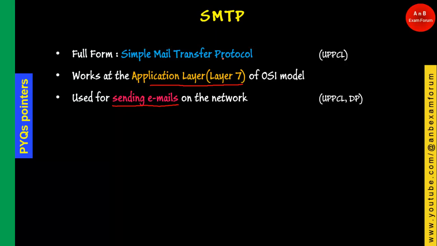Simple mail transfer means you are sending mail to someone else on the network. SMTP, Simple Mail Transfer Protocol. Port number, you can ignore it also. If you want to remember, just remember 25 is the port number.